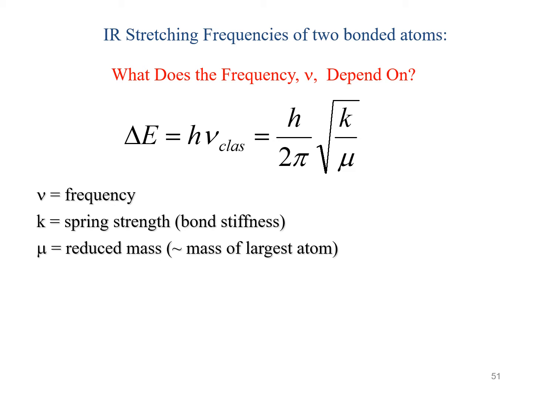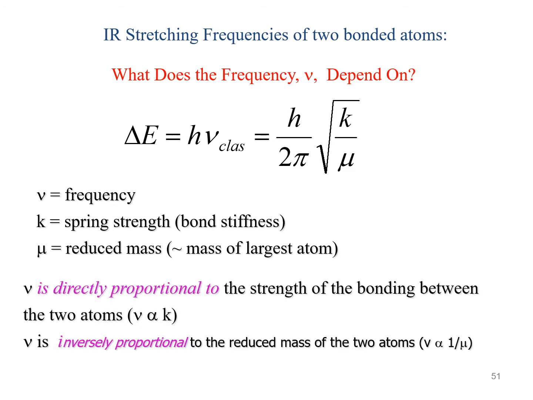So say you have a 12-pound bowling ball, and then you have a 9-pound bowling ball. If those are held together by a spring, the center of mass is going to be closer to the 12-pound bowling ball than it is to the 9. And the reduced mass formula basically tells you about what percentage of the distance along the bond the center of mass is going to be. It's just a simple calculation, nothing to really worry about.